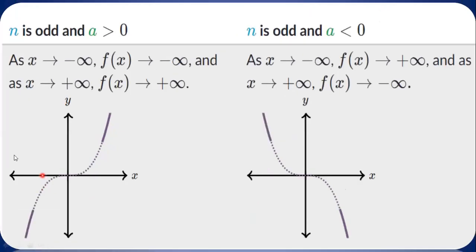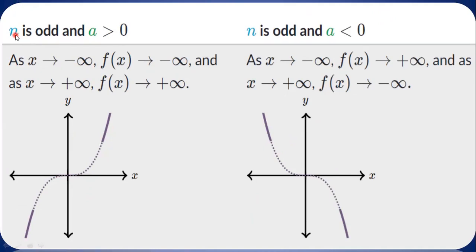And one more is, now look at the odd. When n is odd and a is positive. Now the leading coefficient is positive, and now you have n is odd. Look at this. As x tends to minus infinity, f(x) also tends to minus infinity. You can see this one shown over here, because you have the negative value and n is odd.